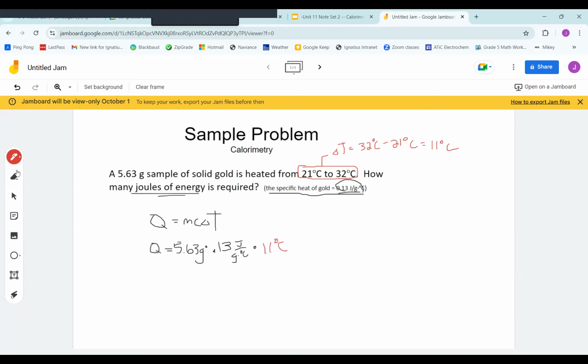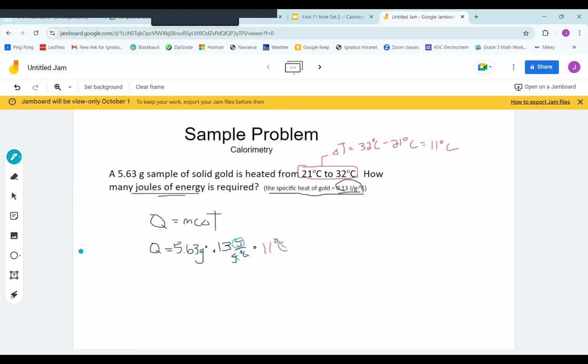Where we get delta T in the equation, I'm just going to plug in the 11. Let's follow the units. We have the grams crossing out with grams within the specific heat capacity unit. We have degrees Celsius crossing out with degrees Celsius. The only unit that doesn't cross out is going to be joules. This is perfect.